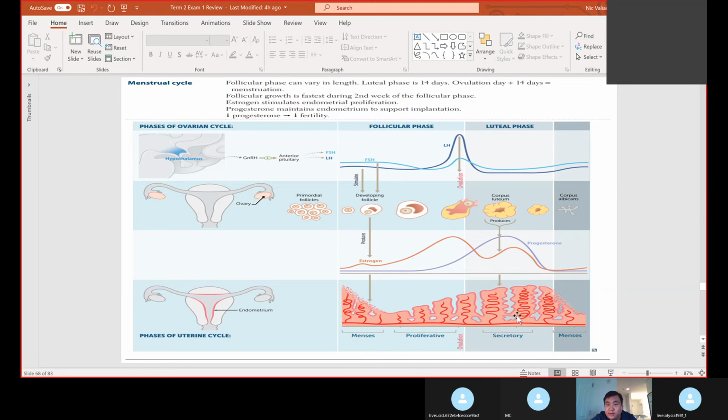The uterus is expecting, like for implantation, for pregnancy. However, if there is no pregnancy, it degenerates, you have menstruation. Okay, those are high yield points. Know the ovarian cycle and uterine cycle. They are very, very high yield.